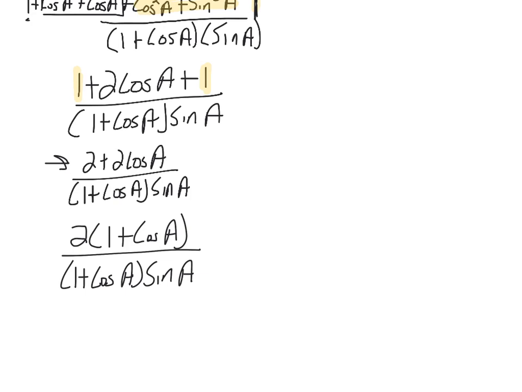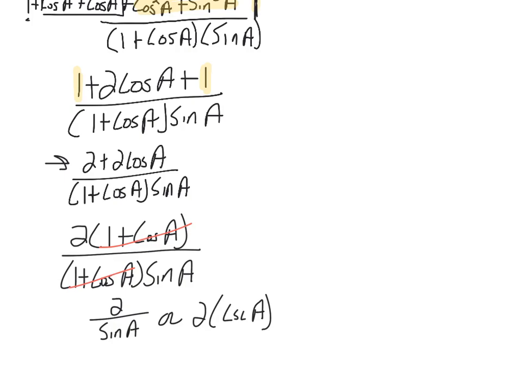And now these cancel, and I'm left with 2 over sine a, or 2 times the cosecant of a.